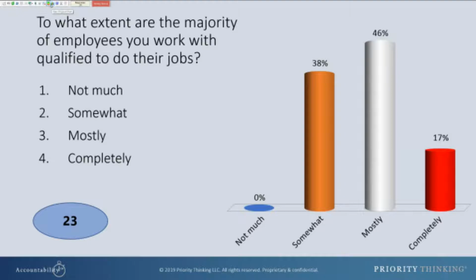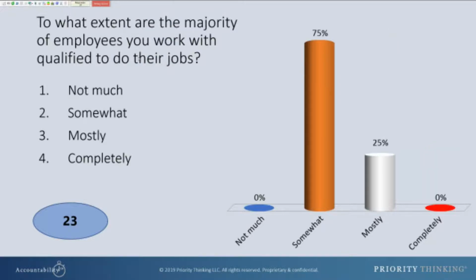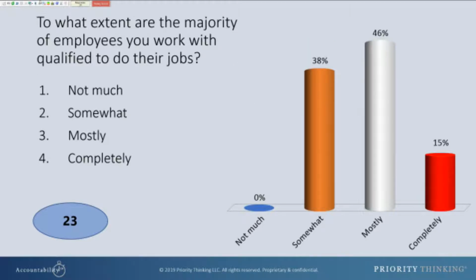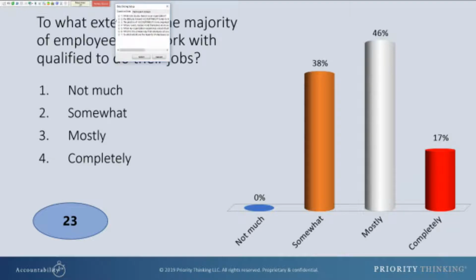Let's just do another quick split on this. And this time I'm going to see what the folks that view accountability kind of in a negative way. All right, you can see that shift to the left of somewhat. Now we're going to see the folks that view it positively. There's more of a shift to the right. And this is an important one here.